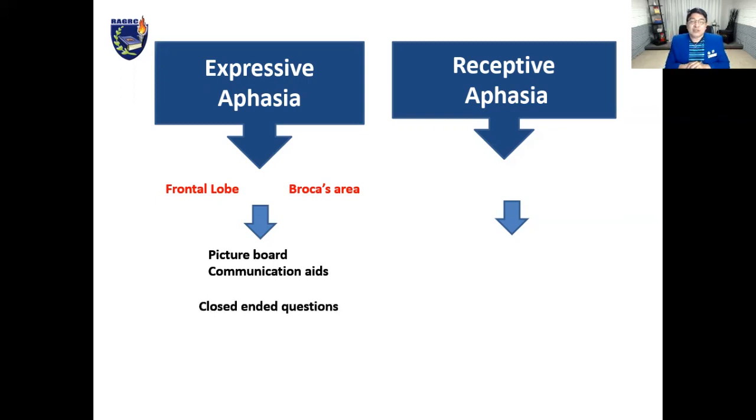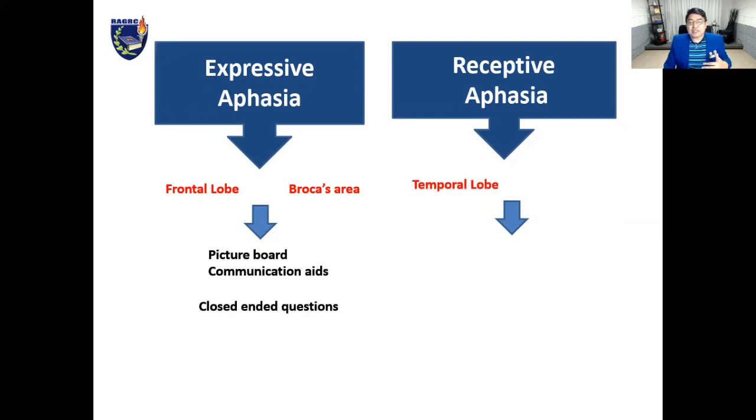And then you may want to use close-ended questions when you're talking to them so that they're not forced to say a word. They can just nod their head to say yes and shake it to say no. But some cultural differences, our friends in India would usually shake their heads from side to side to say yes. That's transcultural considerations, okay? Let's move on.